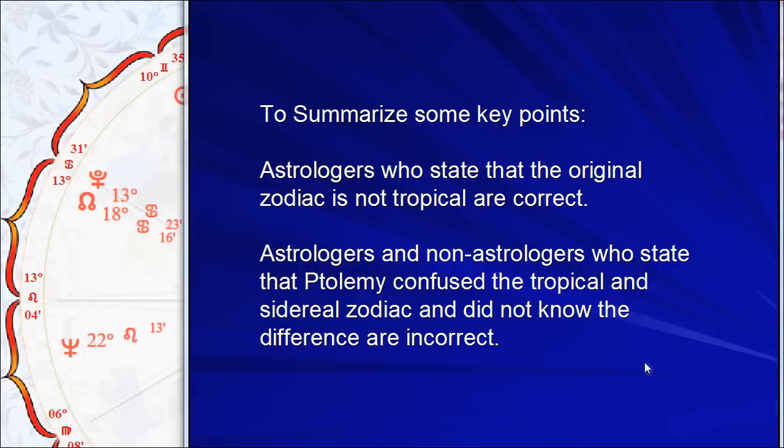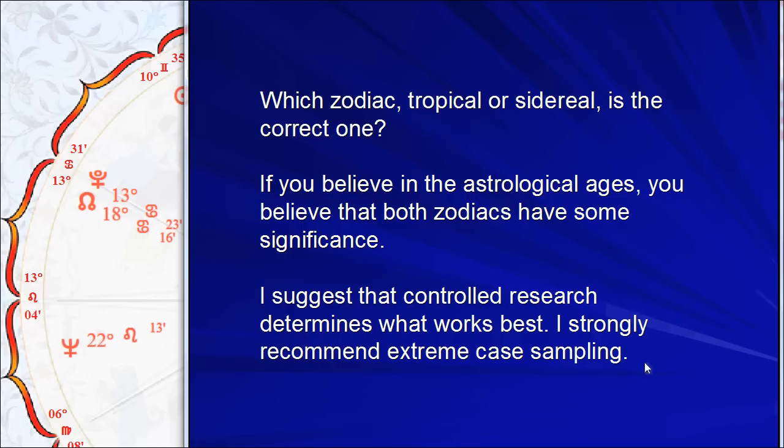On the other hand, those astrologers who say that Ptolemy derailed astrology from the ancient Babylonian wisdom, they may be correct. Maybe that's true. How would we decide which zodiac, tropical or sidereal, is the correct one? 2 points about that. Number one, if you believe in the astrological ages, that we're going from the age of Pisces to the age of Aquarius, you believe in both zodiacs.